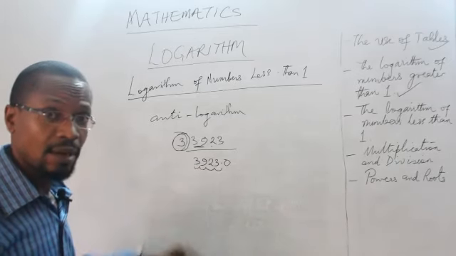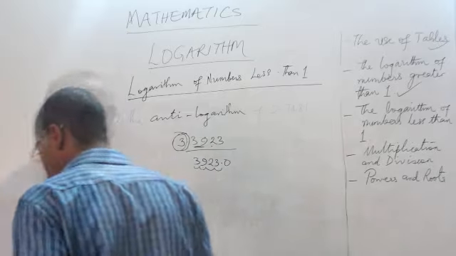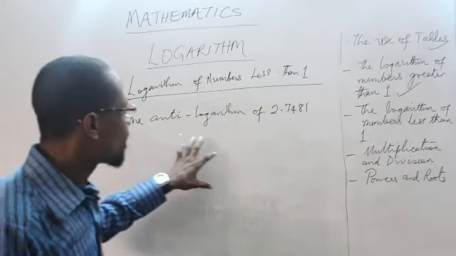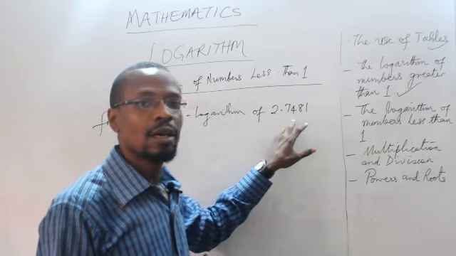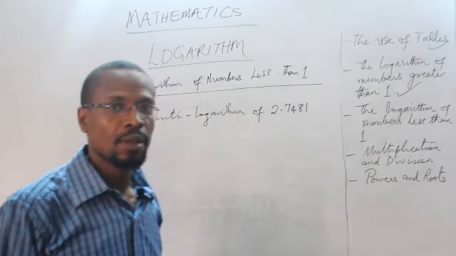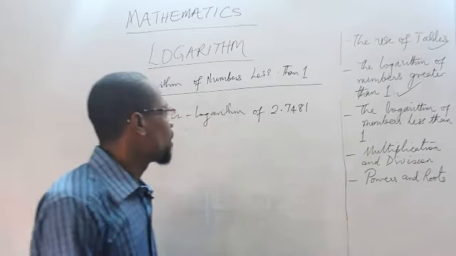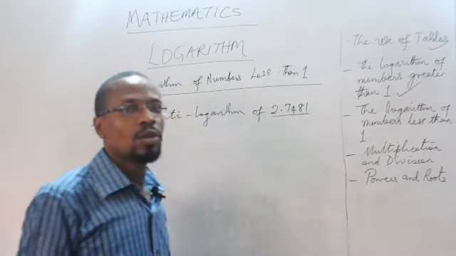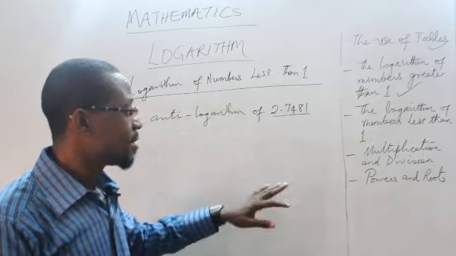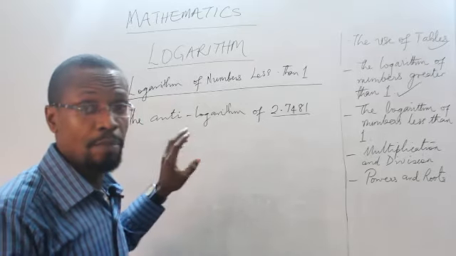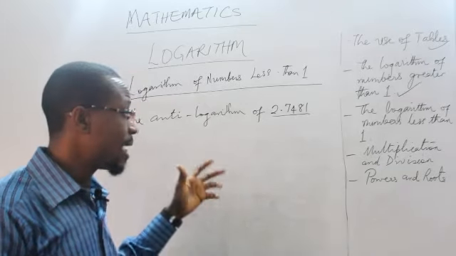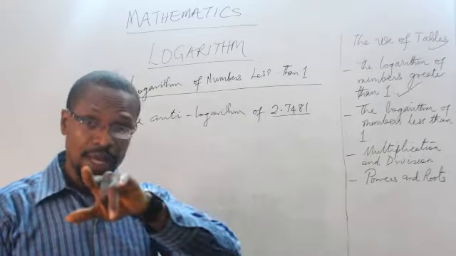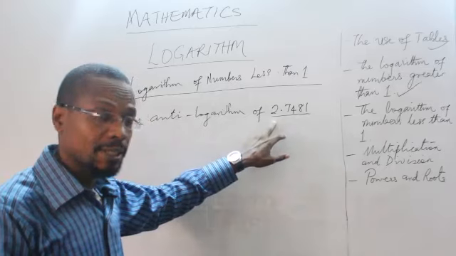Let's look at a vivid example. Now, there is a question on the board. Find the anti-logarithm of 2.481. You can resolve that on your own. But let's look at this.